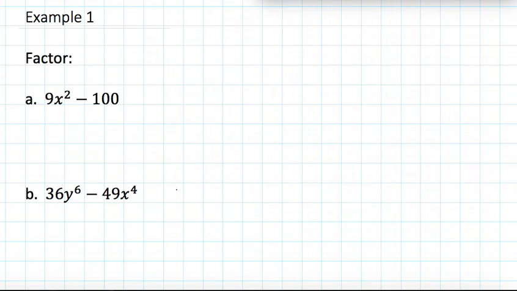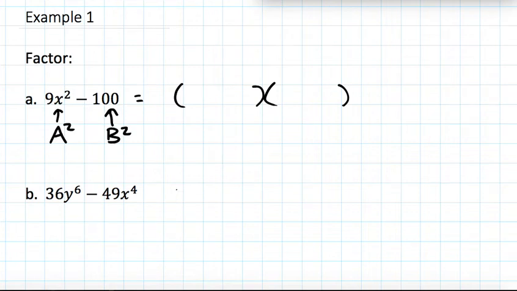So what I'm going to do here, I'm going to have two sets of parentheses, and then what I have in my problem is this is a squared and this is b squared. So if a squared is 9x squared, then a would have to be 3x, because when I square 3x, I get 9x squared. So the a here is 3x.